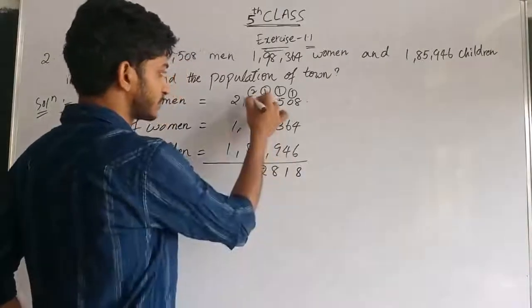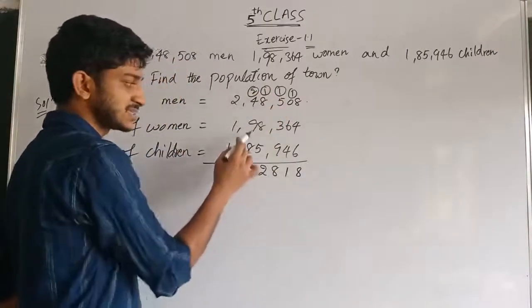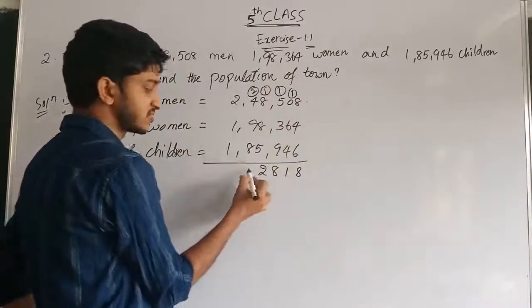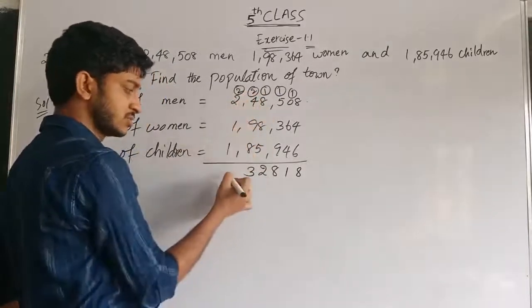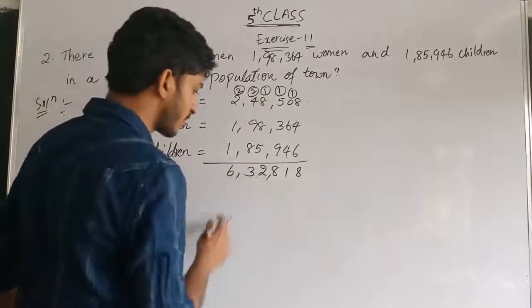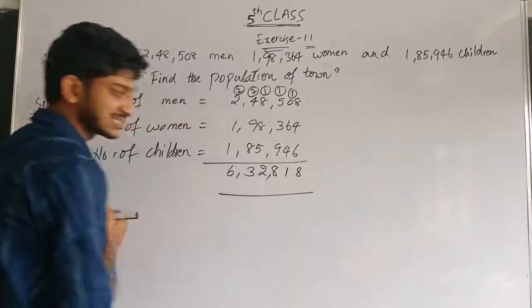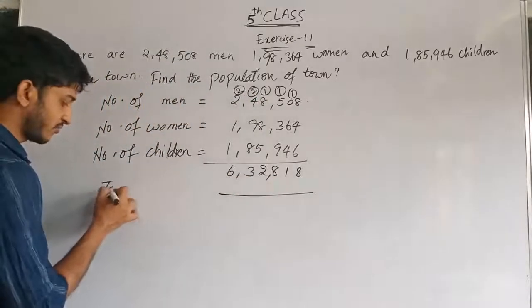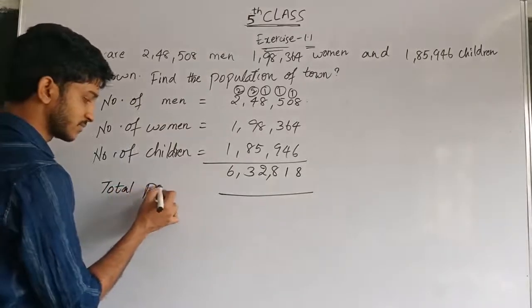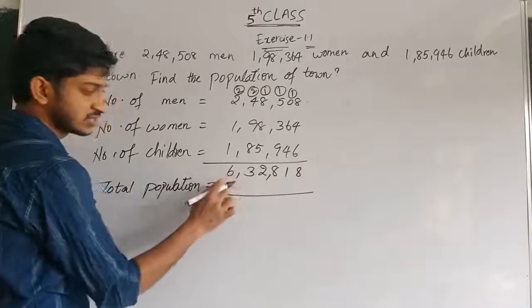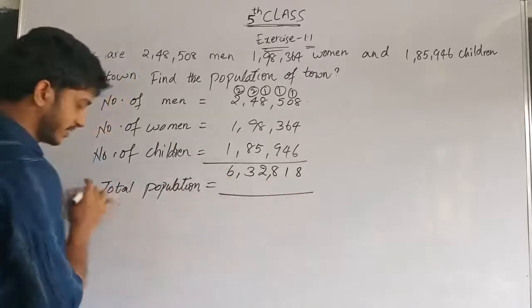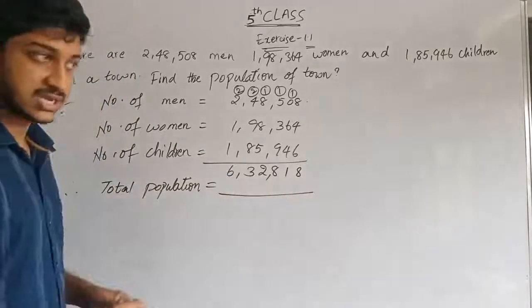Here 2 carry. 2 plus 4, 6. 6 plus 9, 15. 15 plus 8, 23. 2 carry. 2 plus 2, 4. 4 plus 2, 6. So what is the total population? 6,32,818. So therefore total population is equal to 6,32,818. Okay, children.